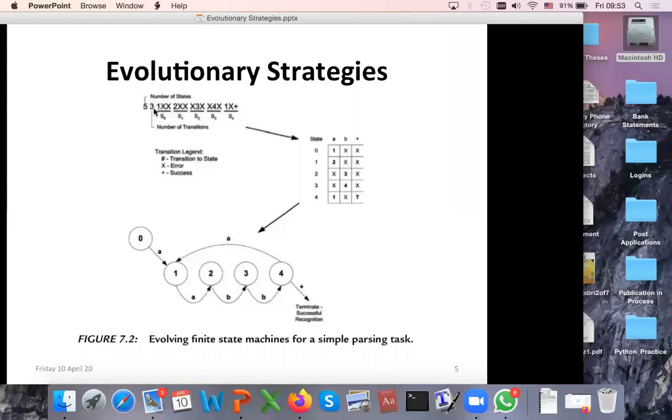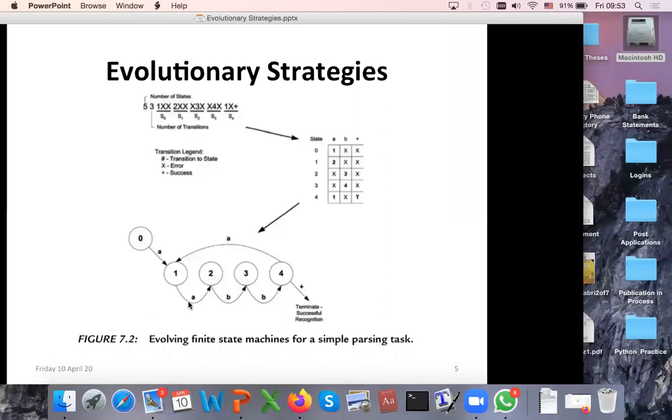So this triple is saying that we can move on from S0 to state 1 by taking input symbol A. And this one is saying that we can move on to state 2 by taking A again.